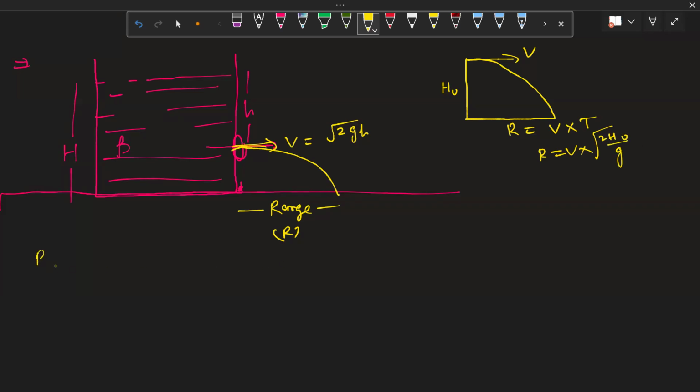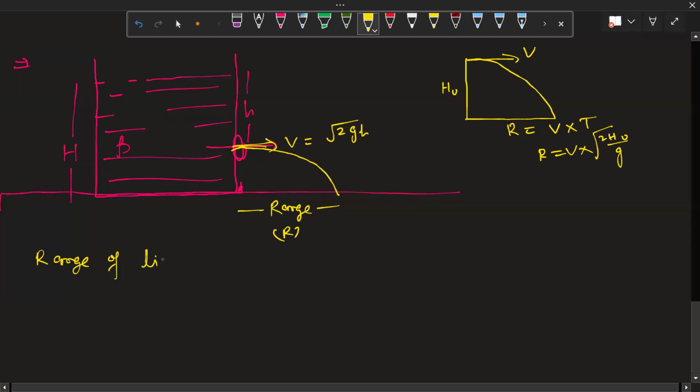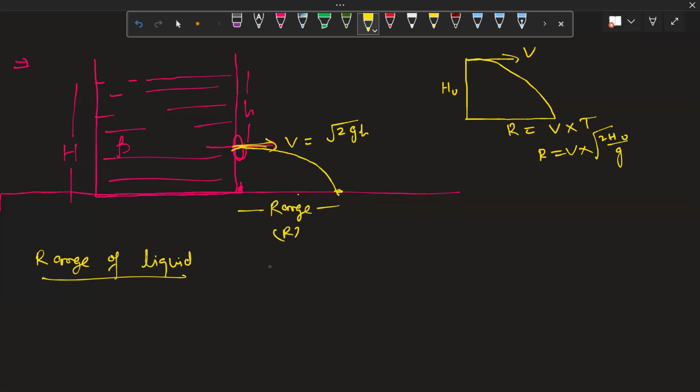So here also, if I try to find the range of the liquid, that means at what distance from the container it falls on the ground, the range is the speed v times the time, and for the time we have to find how much height it has to fall. The complete height was capital H, this height was small h, so it will be capital H minus small h. Understood, Neil?